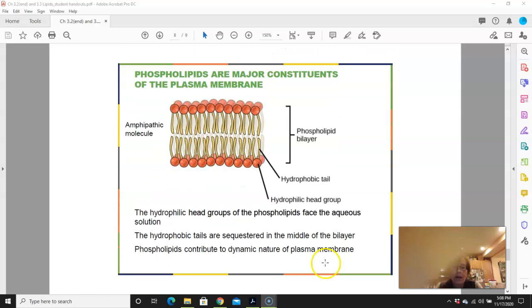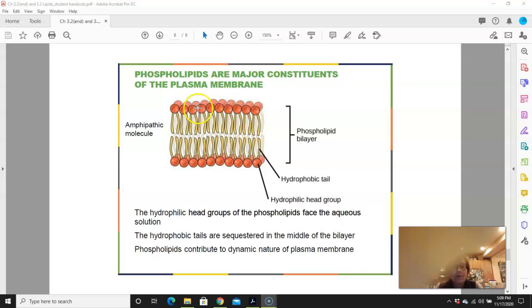Now, why we talk about it a lot, and we'll continue to, is because it makes up the membranes of all cells. It makes up the outer membranes of all cells, and it makes up the inner membranes of the cells too. Many of the cells have structures in them with membranes around them. So this is the membrane. Now, the word amphipathic, kind of think amphibian here, it just means that it has a dual nature.